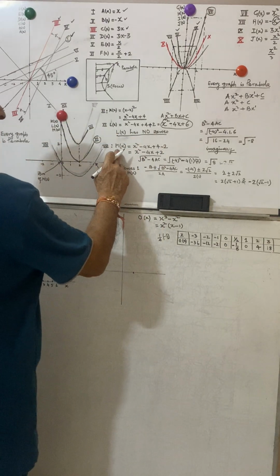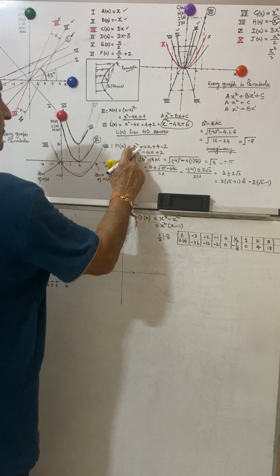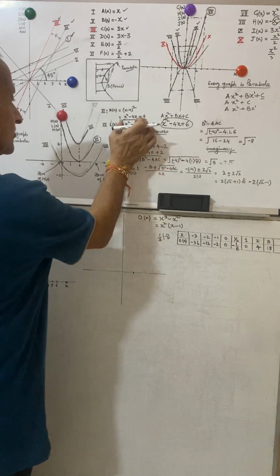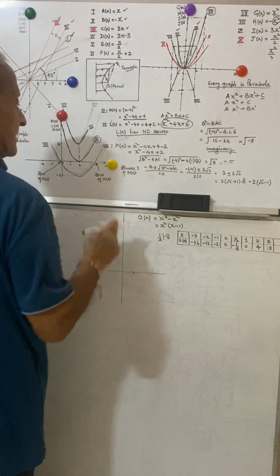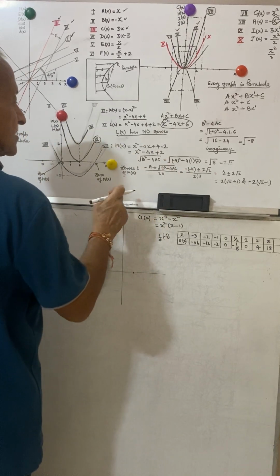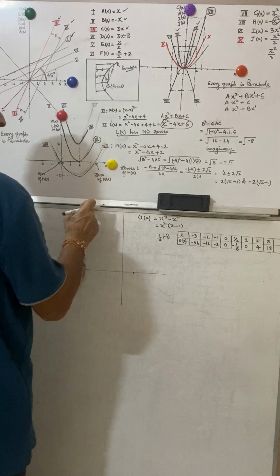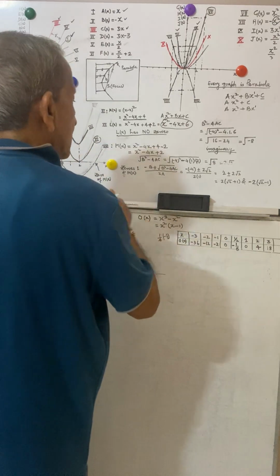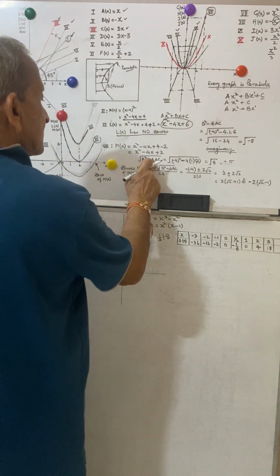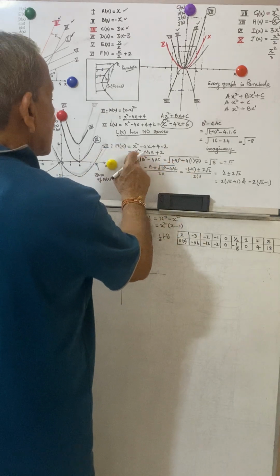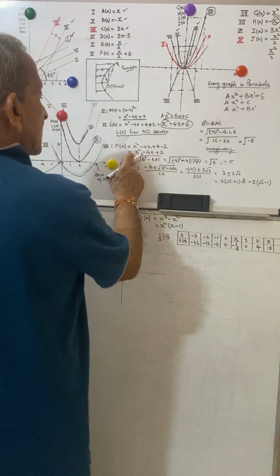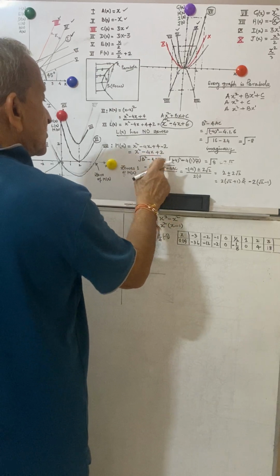What about this mx? It is x square minus 4x plus 4, which is this, minus 2. First, let us see whether it is cutting the axis of x or not, whether it has real roots or imaginary roots. For this, find out the value of the square root of b square minus 4ac. This is minus 4 square. Compare: a is 1, b is minus 4, c is plus 2.